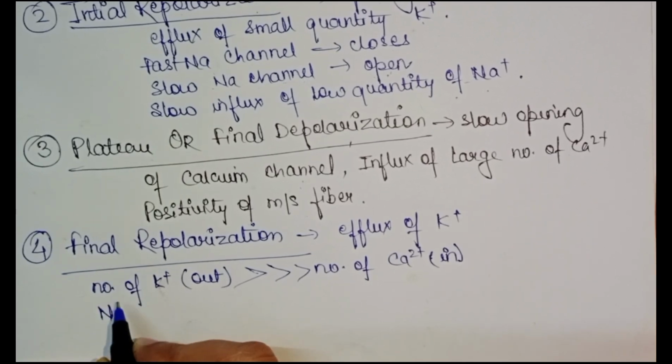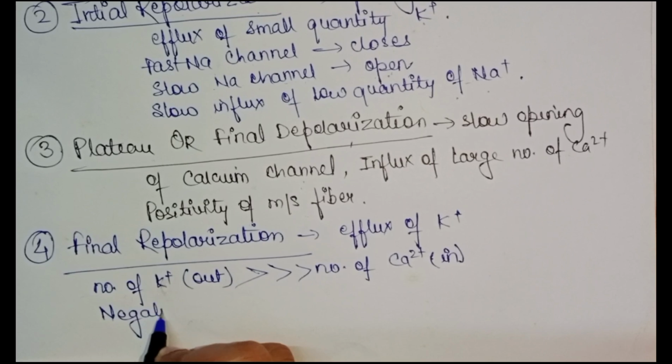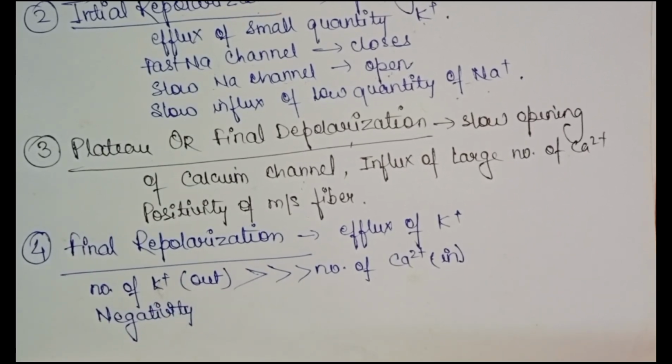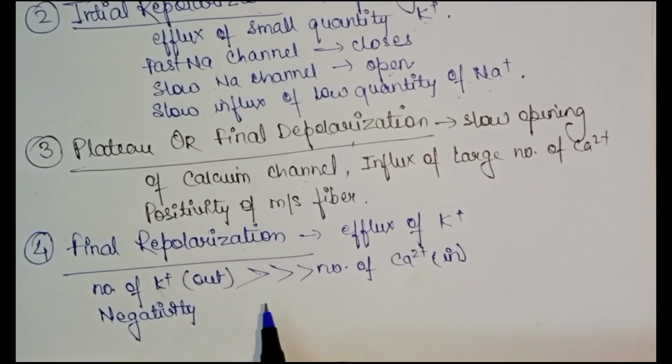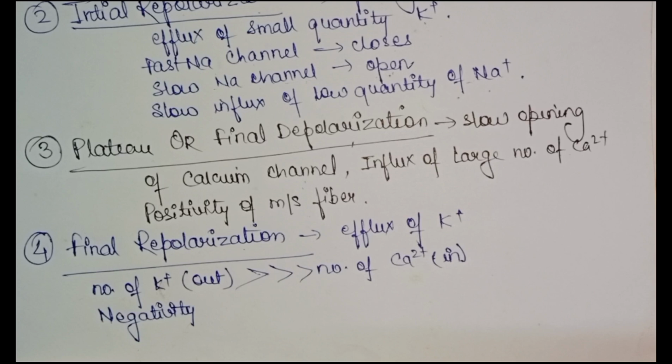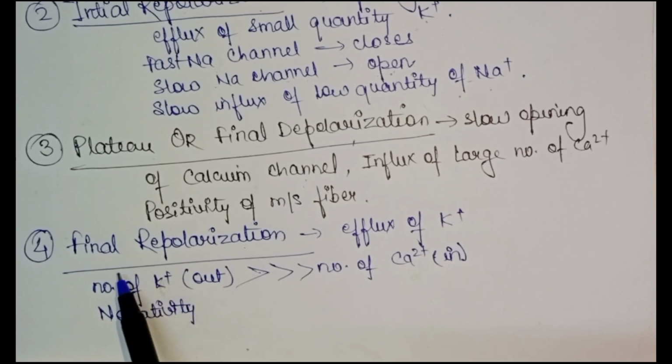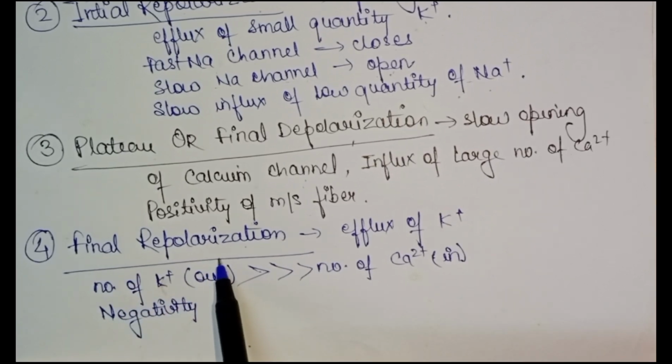It makes the inside negative. As a result, there is negativity inside, resulting in final repolarization. Potassium efflux continues until the end of repolarization.